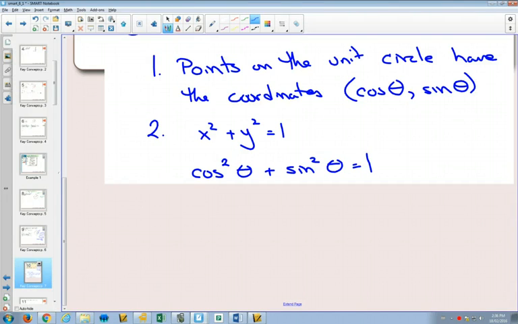Have you ever written sine squared or cos squared before? Did you ever have to do that in grade 11? Maybe not. The way that we write it, instead of writing it like this, could be a little confusing: does that mean the theta is squared or does that mean the whole thing is squared? So mathematicians decided if you write it this way, it means just the theta is squared. So they said, how could we show that the whole thing is squared?